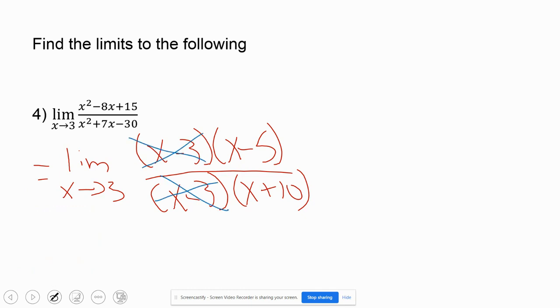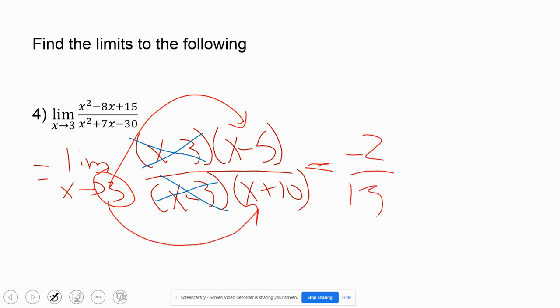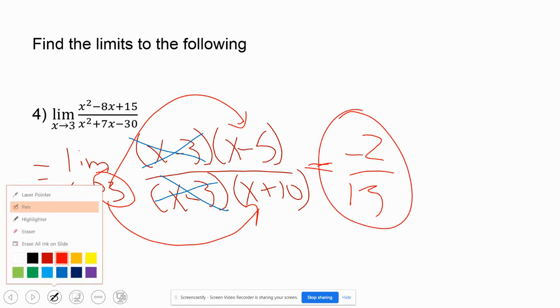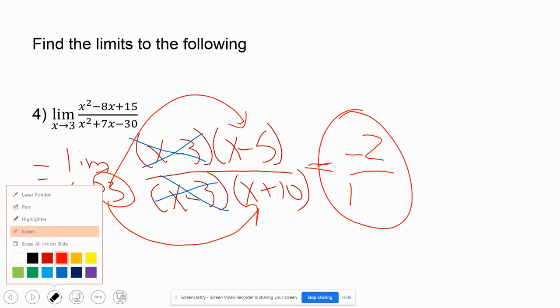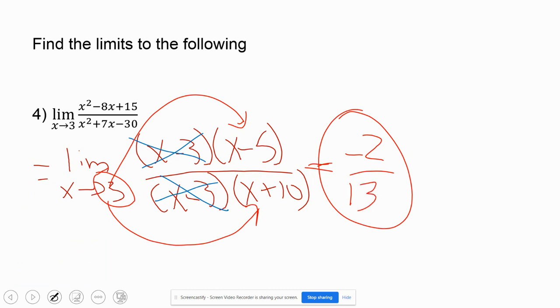Reduce, substitute, and we get -2 over 13. -2/13 is what we end up getting as our limit.